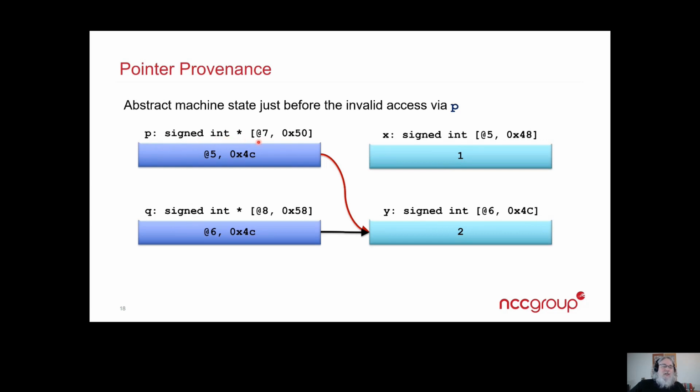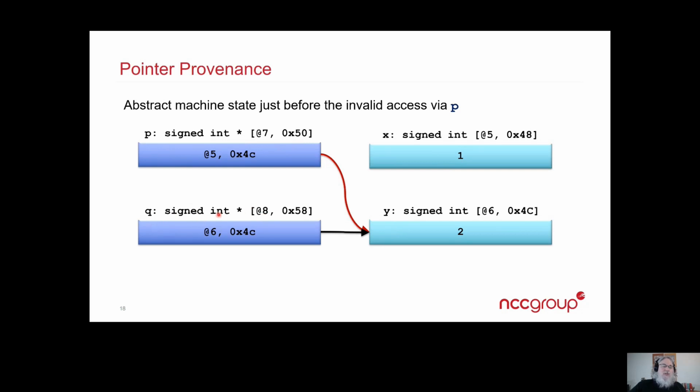It has a unique object ID, which is 7, and a unique address where this pointer resides. And it's initialized to the value of X plus 1, which is actually going to refer to the storage allocated for Y.